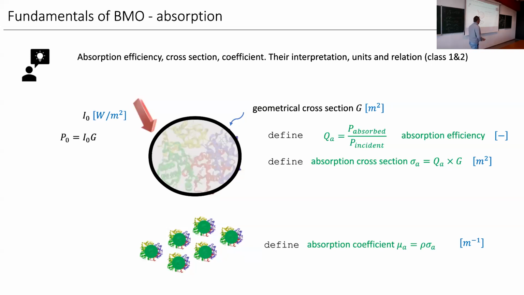So here briefly are the definitions again. These slides are on purpose the same as the class slides, so I'm not going to go through them very extensively. What happens here for absorption? We have the efficiency, the cross-section, and coefficient. We also have for scattering efficiencies, cross-section, scattering coefficient. But also for some of the processes that you encountered later on. You can, for example, define a fluorescence efficiency.